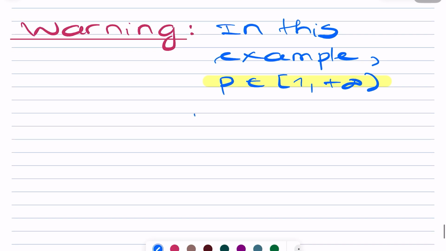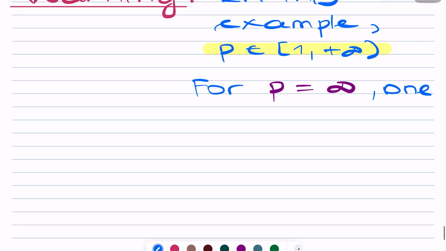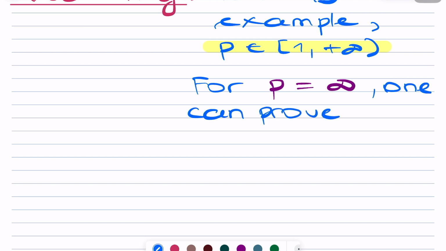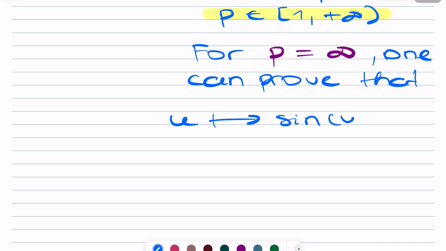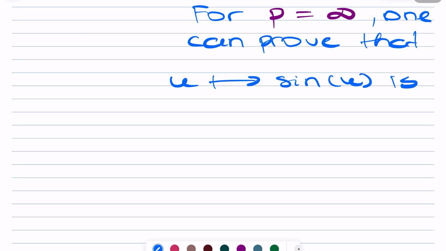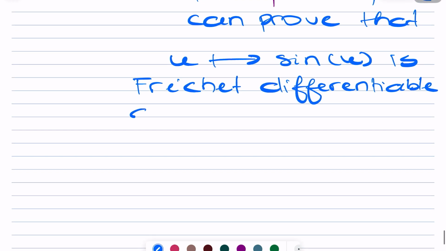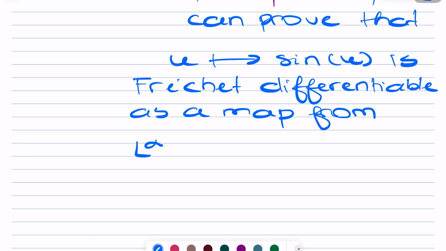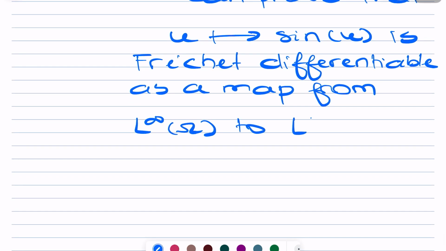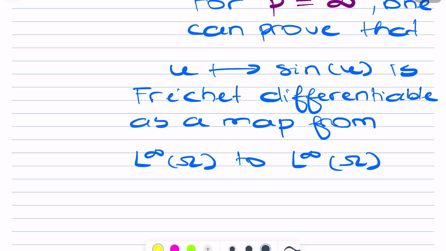For p equal infinity, one can show that the map which at u associates sine of u is Fréchet differentiable, as a map from L infinity of omega to L infinity of omega, at every point.